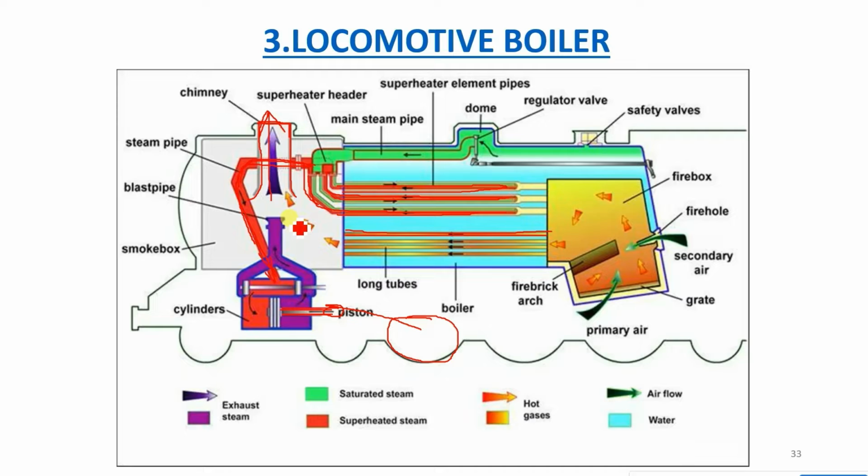It produces suction for the flue gases. Therefore flue gases also move through the chimney with very high velocity, and it produces a draught. This is called a steam draught. So it comes under the category of mechanical draught. We'll see this in the draught portion.